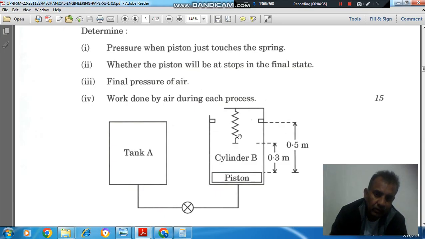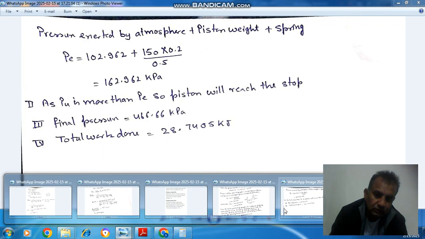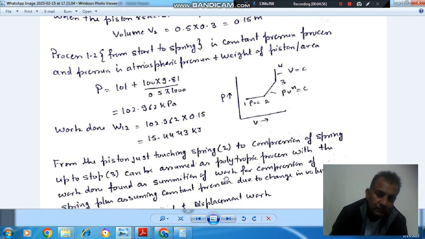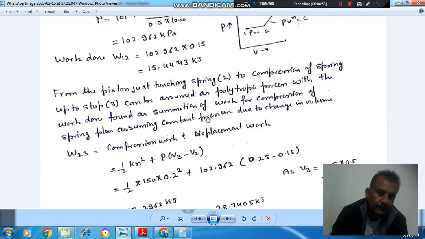The work can be calculated as the work required for compressing the spring plus the constant pressure work from 0.3 to 0.5. It will actually be a polytropic process because compression of the spring has to be taken into account, but if we take compression of the spring plus the constant pressure process, we can also calculate the work.